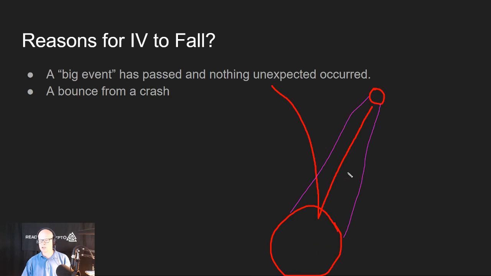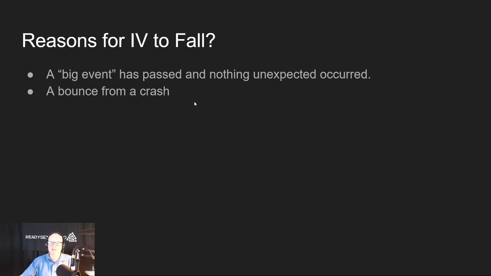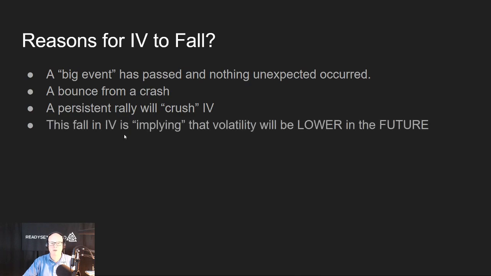So what was big down here is now very small. A bounce from a crash is also called a crush. A persistent rally will also crush implied volatility. It'll just take the life out of it. And this fall in implied volatility is implying or inferring that volatility will be lower in the future.